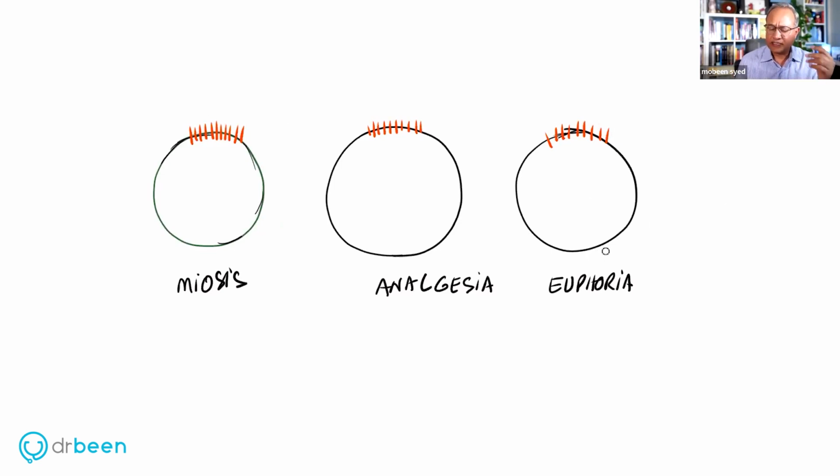Imagine, for our example, let's say they all have 100 receptors on them. When the opioid starts working on these receptors, remember we talked about two things in the desensitization part of the topic: there is a decoupling of the receptor and there is an internalization of the receptor.